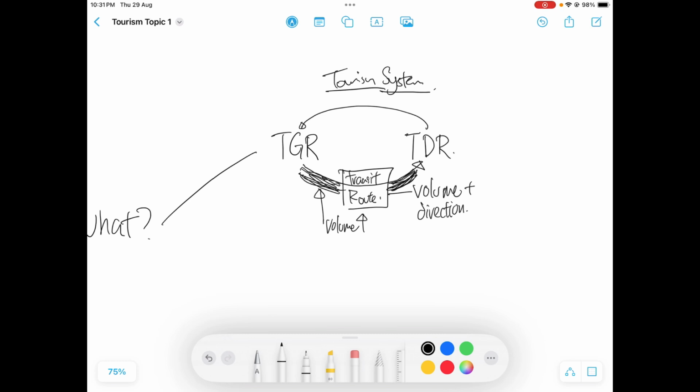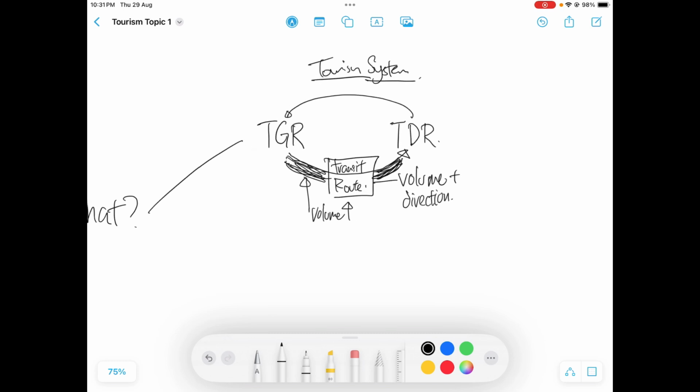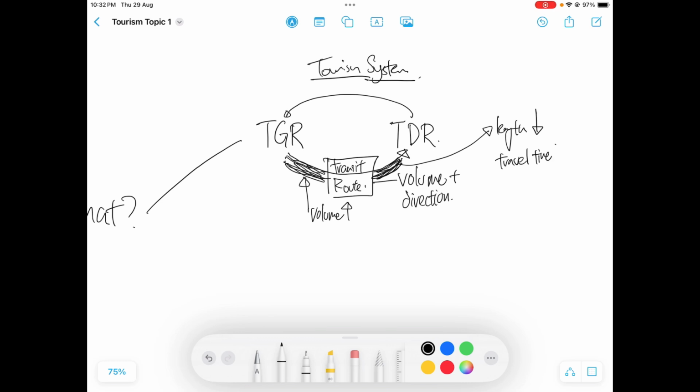And sometimes the length of these transit routes can also be shorter, which reduces traveling time and is more convenient because the transit routes are usually direct, right?